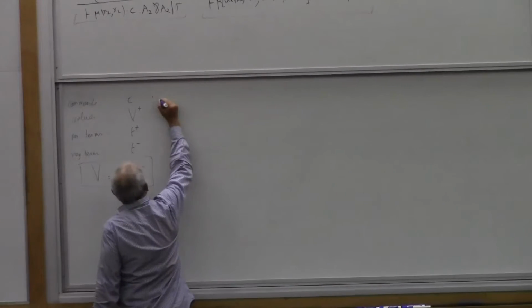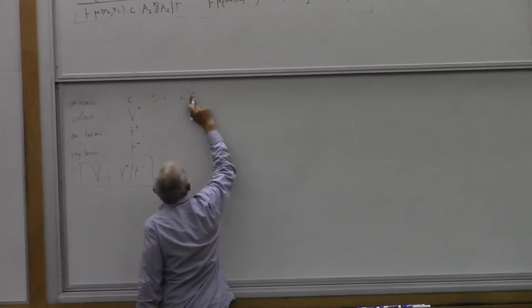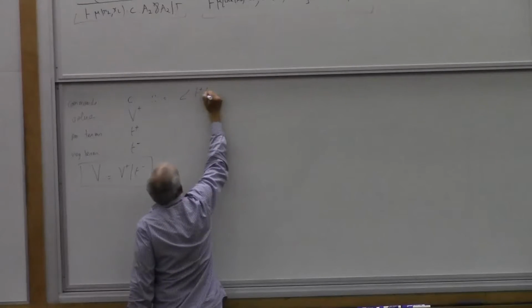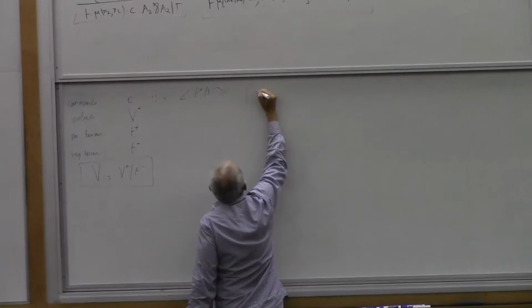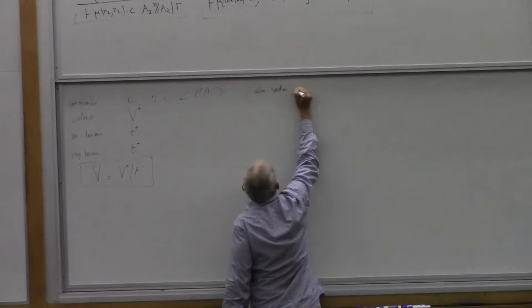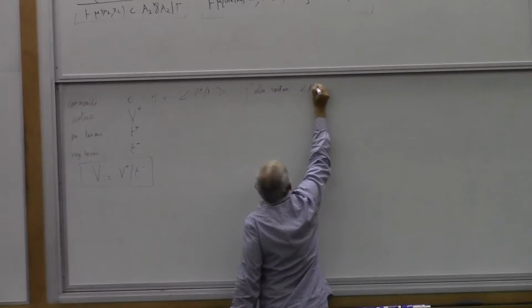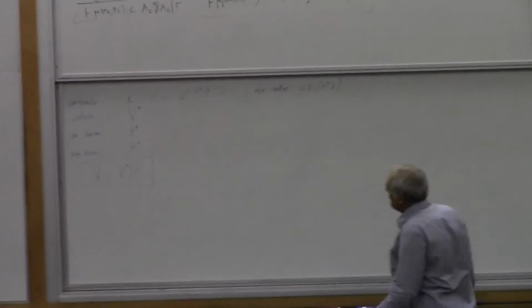So commands, there is no change. A command is only of this form, T plus, T minus, which I don't mind to write also in the other way around. It's not a problem to write it this way or the other.